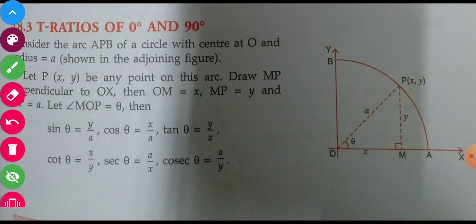Let us take this OP as A, which acts as the radius of this circle. So OP is A, OM is x, PM is y. You have to remember this.